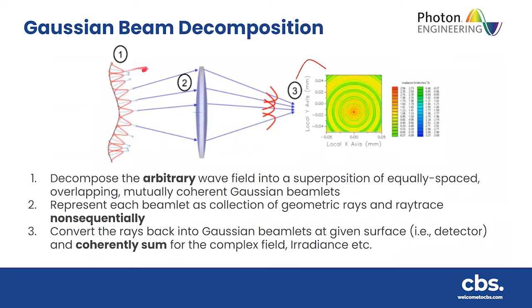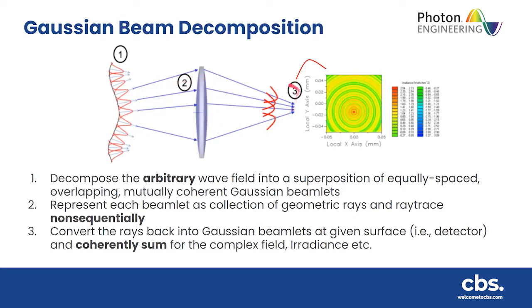Then those Gaussian beams are propagated through the optical system using FRED's ray tracing engine in a way that allows us to keep track of what a Gaussian beam is through a collection of rays. And they refract and reflect through the system and so forth.